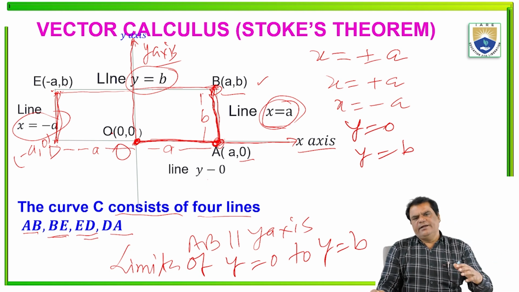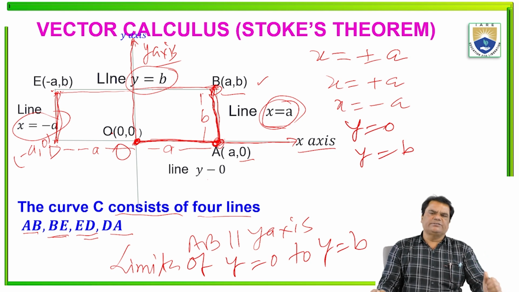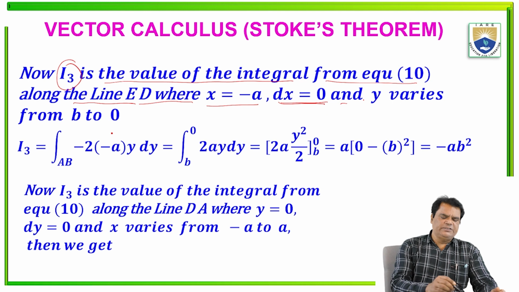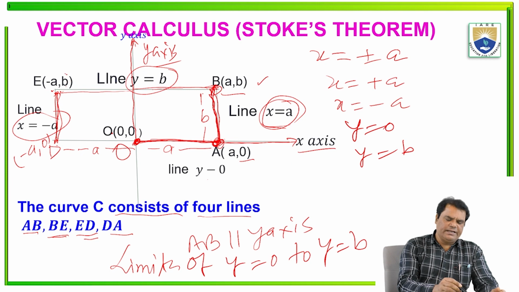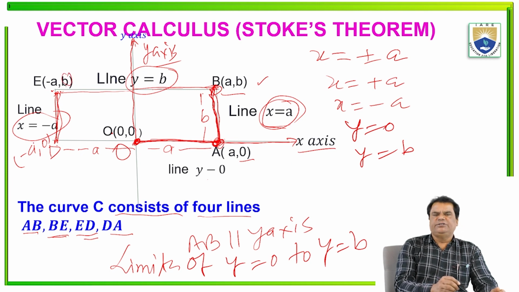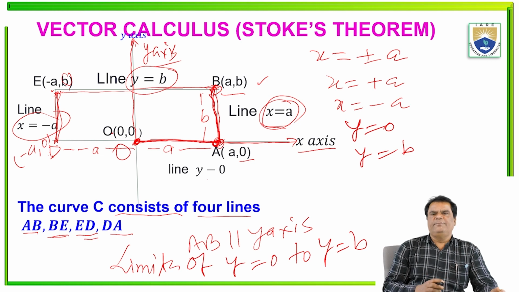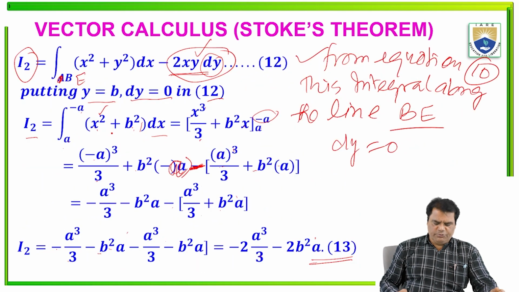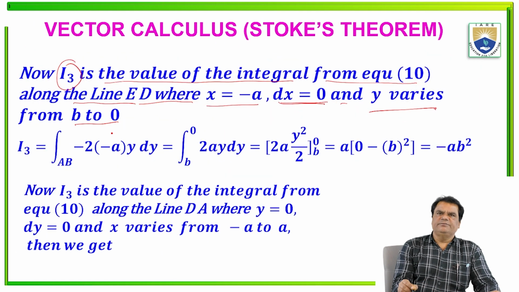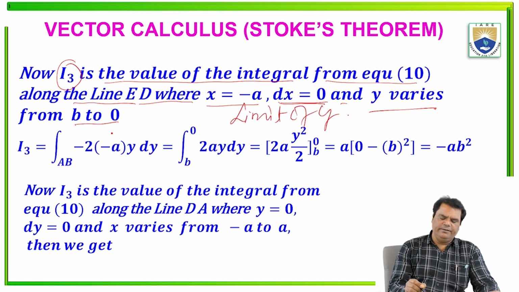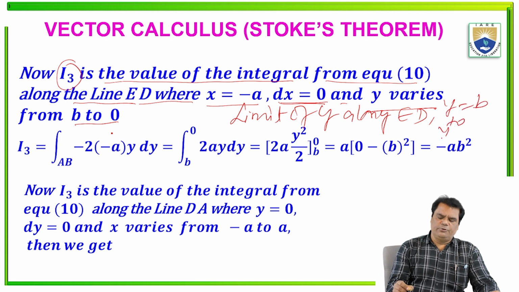Differentiating, dx is 0, and y varies from b to 0. So the limit of y along ED is y equal to b to y equal to 0.